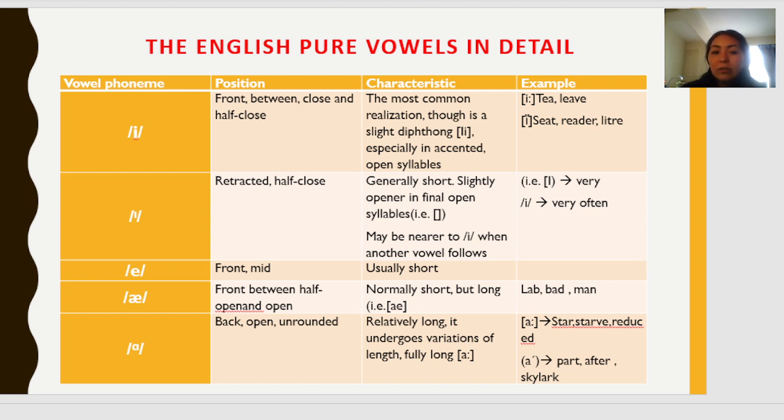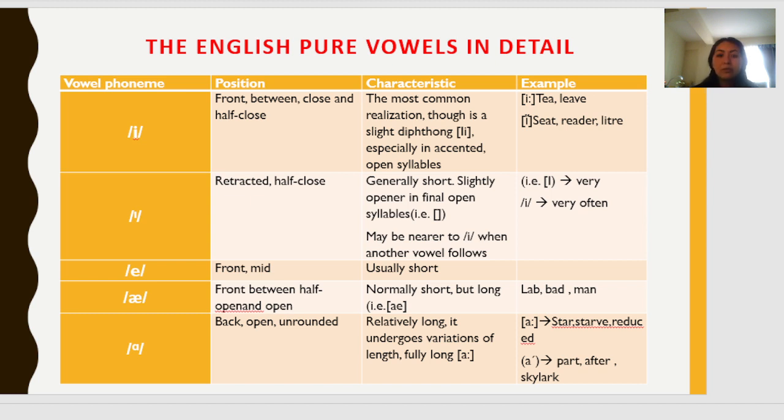The characteristic is that the most common realization is a slight diphthong, especially in accented open syllables. For example, tea and live, sit, reader, little.